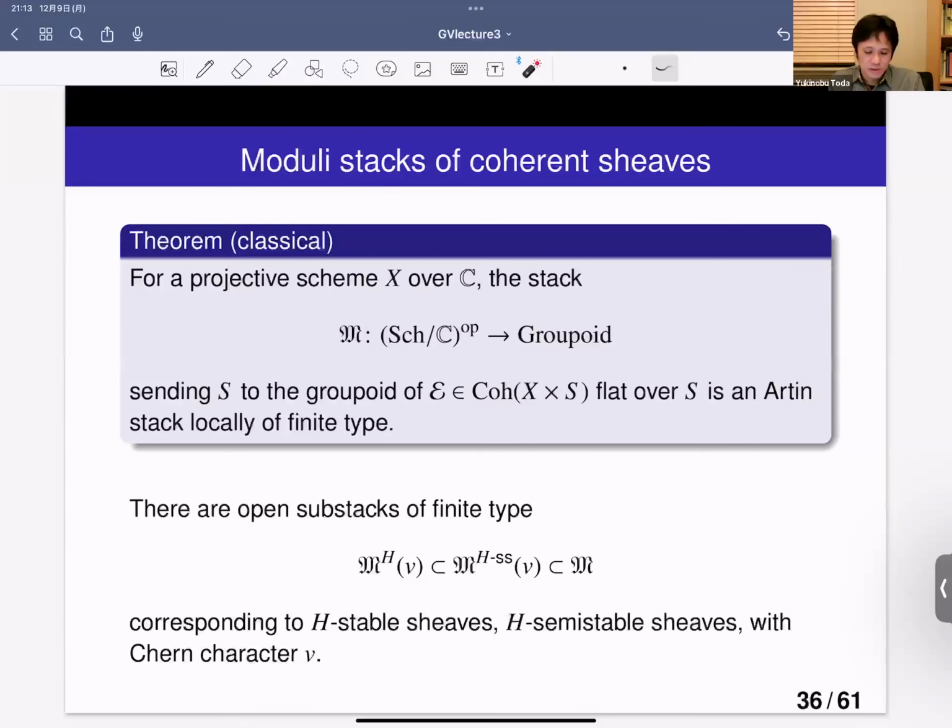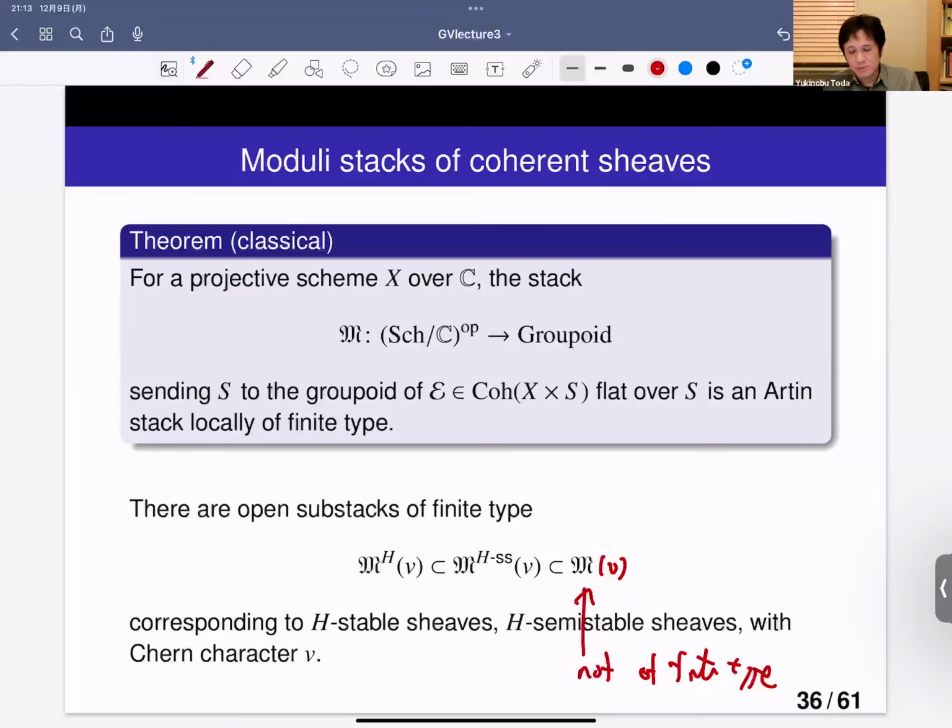And in fact, there are open substacks of finite type corresponding to H-stable sheaves and H-semistable sheaves. And the point of considering semistability is that the whole stack is not of finite type, because of the unboundedness issue. Even if I fix some Chern character, this is not of finite type, as I saw in the case of P1.